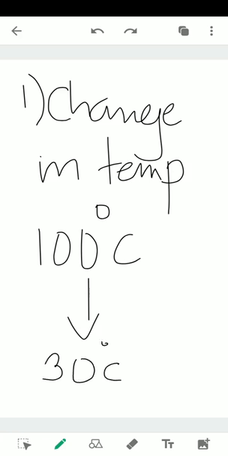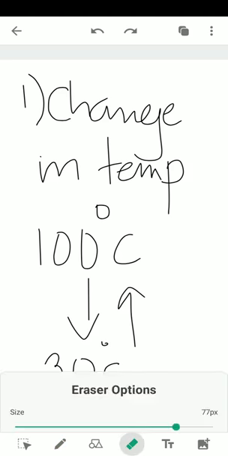And in the same case, if a body is getting heated and earlier it was at 30 degrees centigrade, it will increase its temperature on heating. It will reach something like 100 degrees centigrade. So one of the effects that heat will produce whenever there is a transfer of heat is change in temperature.